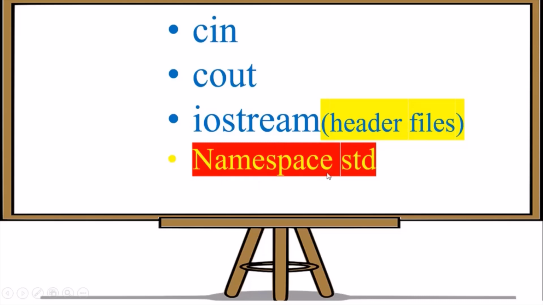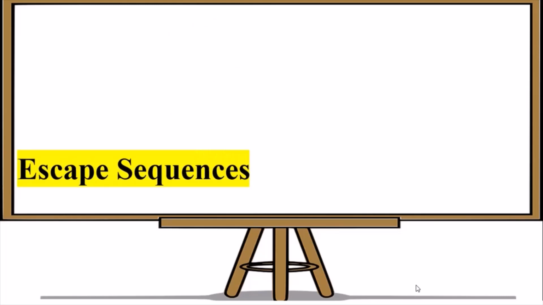Not for Turbo C++. It is for a GUI editor like Dev C++ or advanced editors, isn't it? So cin and cout are for input and output, iostream is the header file for input output, and namespace is the collection of classes which are under the header file.